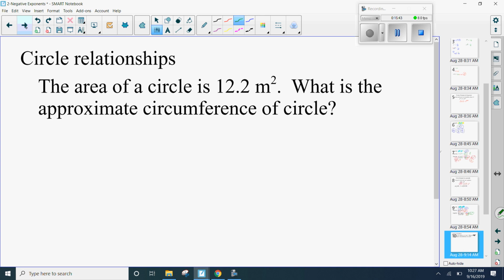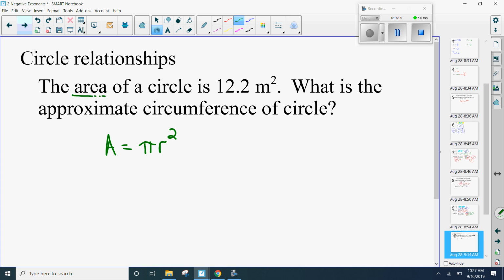Circle relationships. The area of a circle is 12.2 square meters. What is the approximate circumference of the circle? Area is pi r squared. But there's two things.